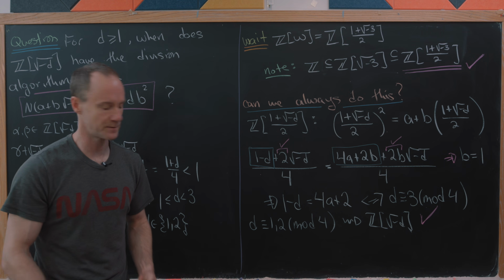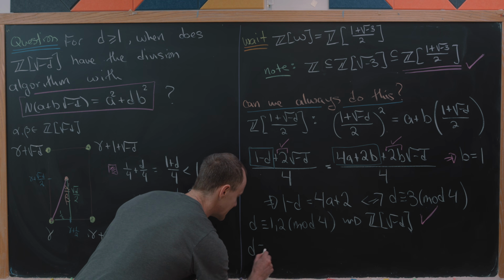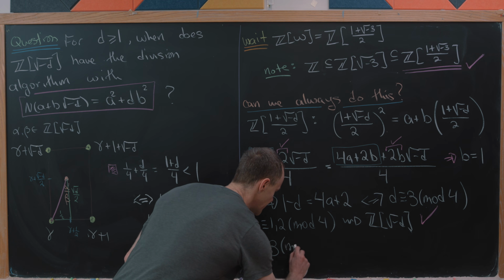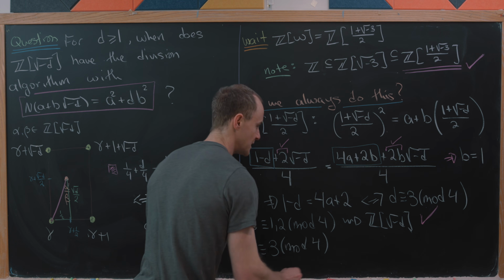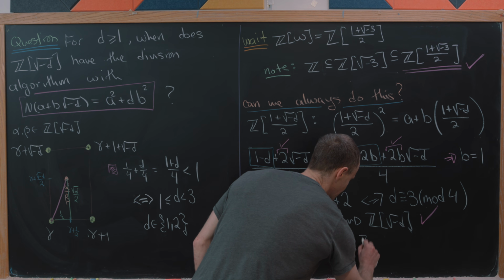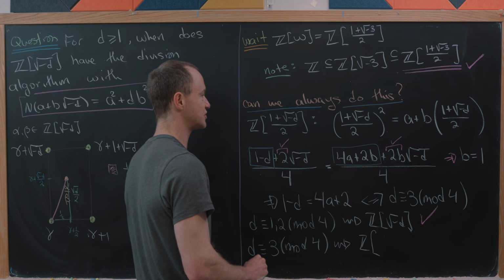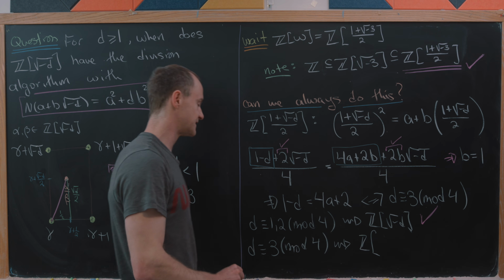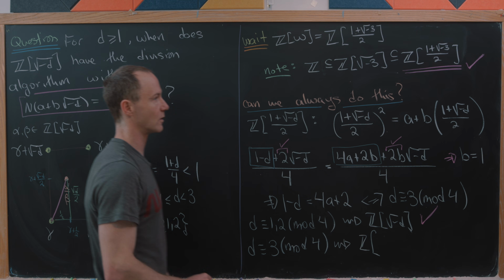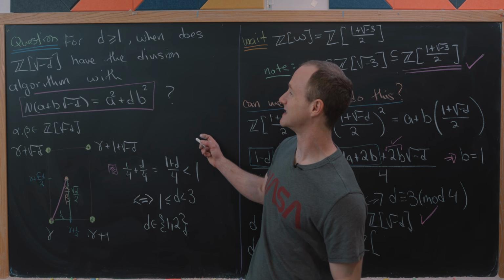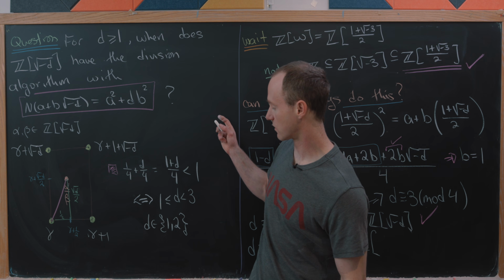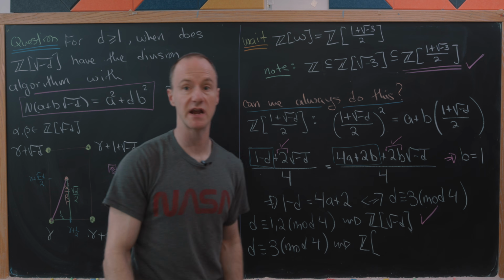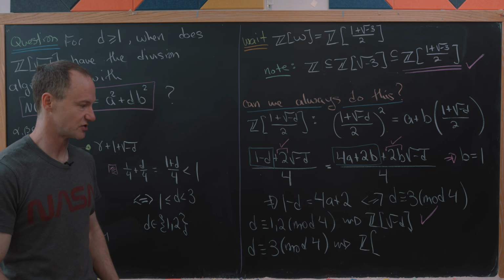So we were in fact not able to extend that set further in order to produce some division with remainder. But now in the case that d is congruent to 3 mod 4, well, we are able to do a further extension, which is really good news, because if d is congruent to 3 mod 4, then this thing is never going to have the division algorithm by our calculation over here without doing this type of extension.